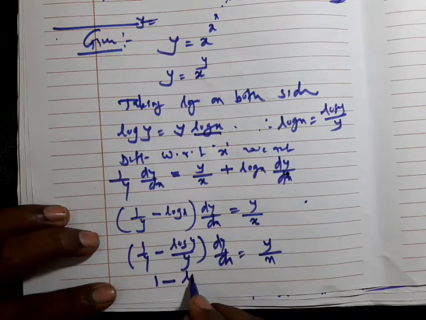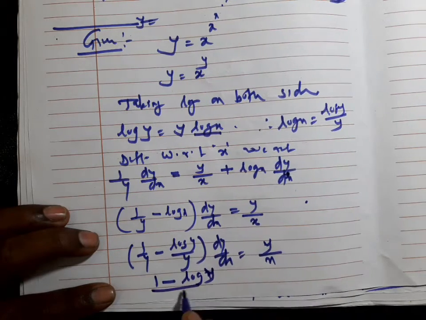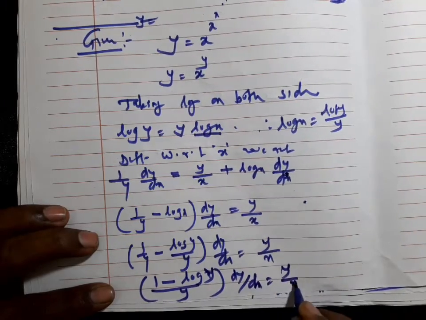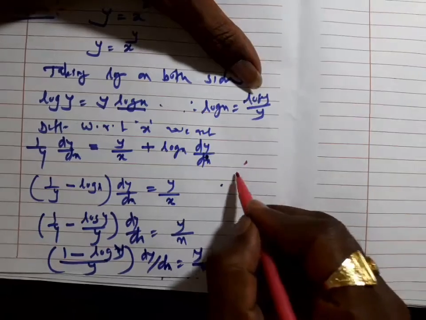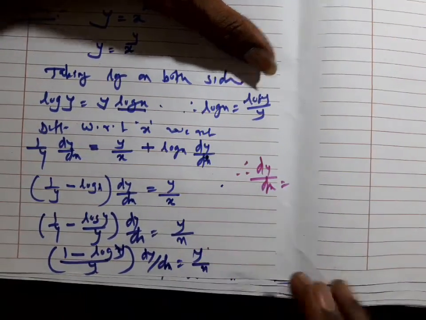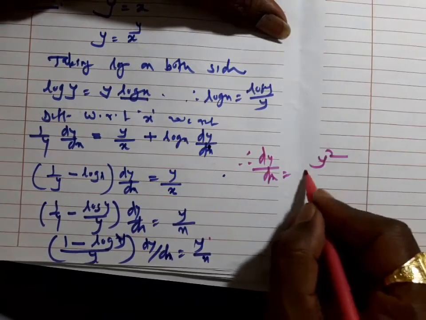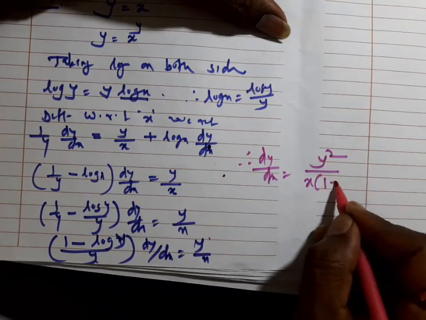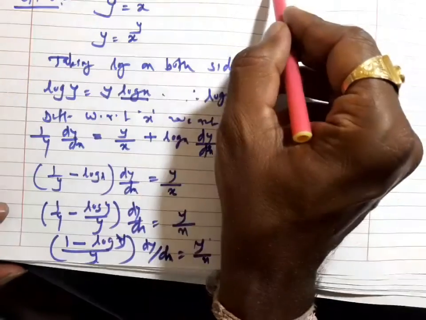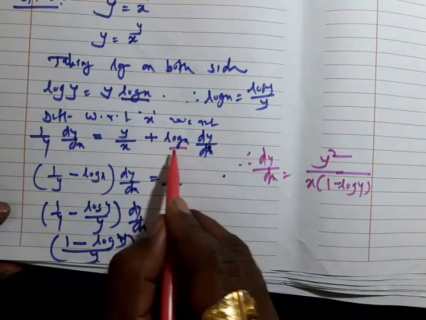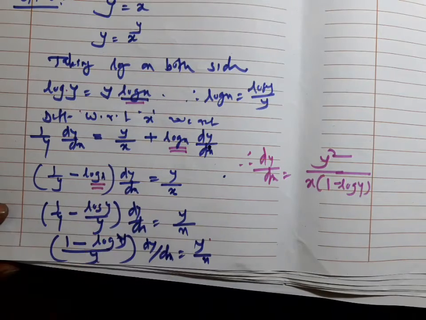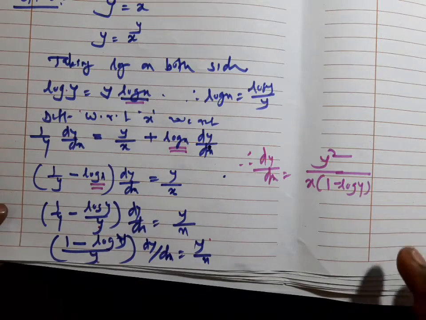So finally 1 upon y minus log y upon y, that is 1 minus log y upon y, dy by dx is y upon x. And therefore dy by dx is y into y, which is y square, upon x into bracket 1 minus log y. Got it? We substitute log x as log y upon y, and then you will get the required proof.